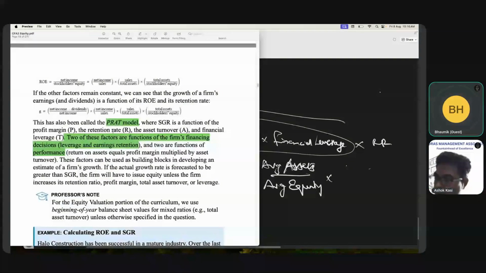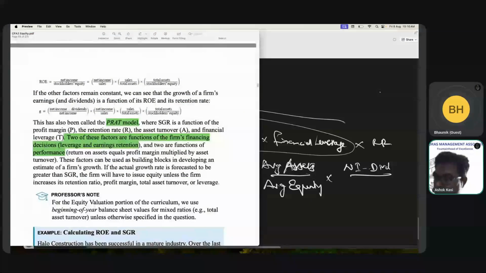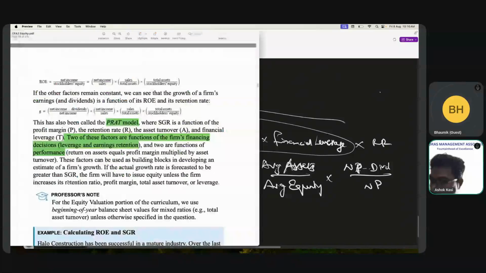The formula goes like this: net income minus dividend, that is what you are retaining, divided by net income. Net income or net profit, you can say.